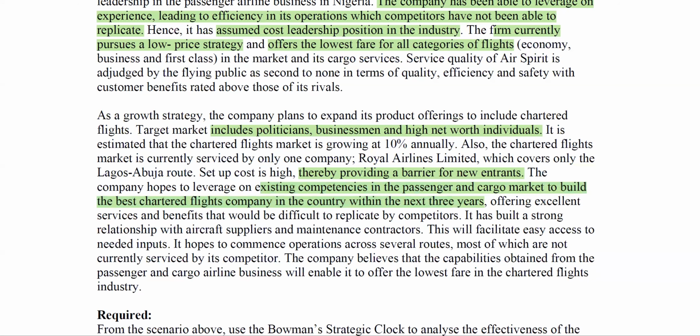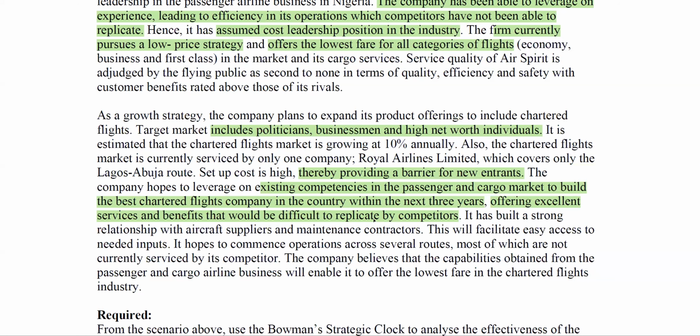Now, how are they doing this? By offering excellent services and benefits that will be difficult to replicate by competitors. So they are sort of trying to sustain the competitive advantage that will be created, right?